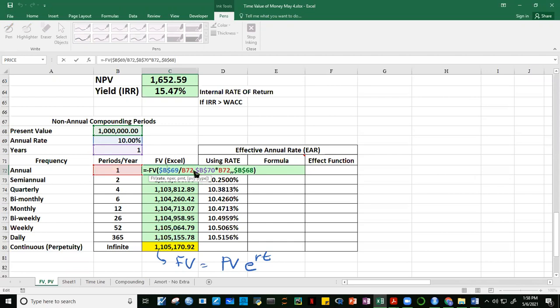Tapos itong NPER, it's 1 year. Gawin nyo lang 1 year para pare-pareho tayo. Kaso, we have to adjust that for the periods per year. Kaya minumultiply natin itong periods per year. Kasi pag semi-annually, 2 times mangyayari yung compounding. So kaya 1 times 2 yan. And then lastly, ito na yung present value, which is 1 million. Okay, I hope that answered your question.